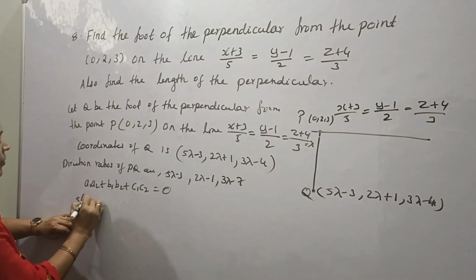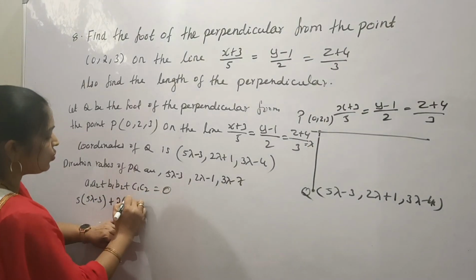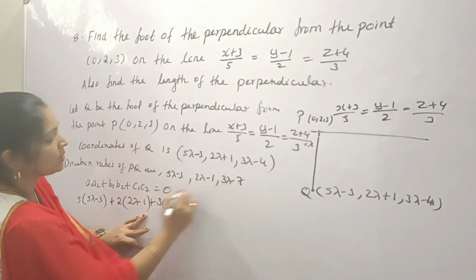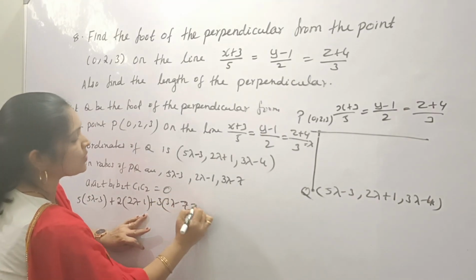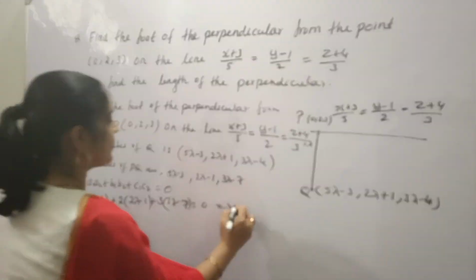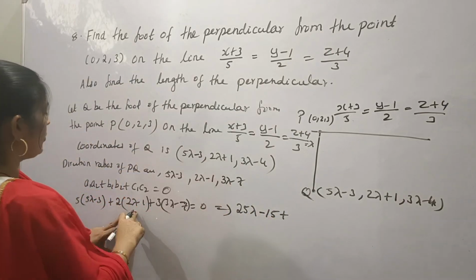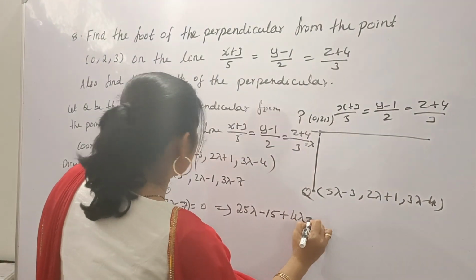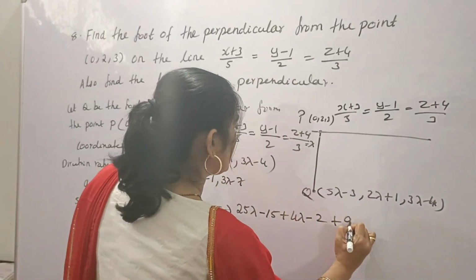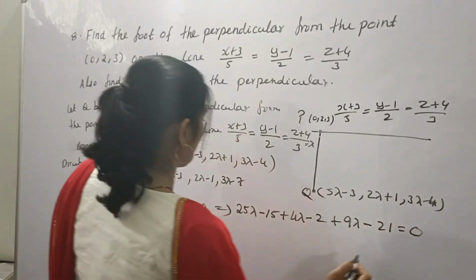So 5 into (5 lambda minus 3) plus 2 into (2 lambda minus 1) plus 3 into (3 lambda minus 7) is equal to 0. That implies 25 lambda minus 15 plus 4 lambda minus 2 plus 9 lambda minus 21 is equal to 0.